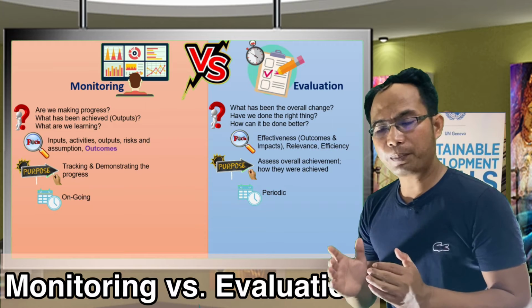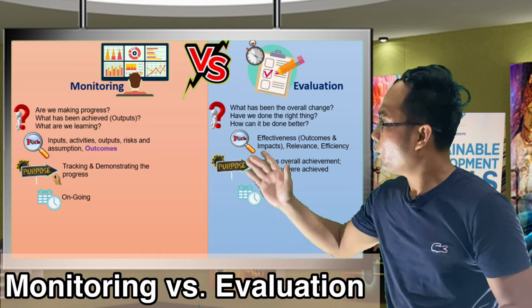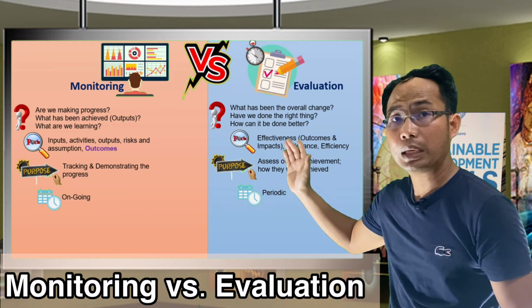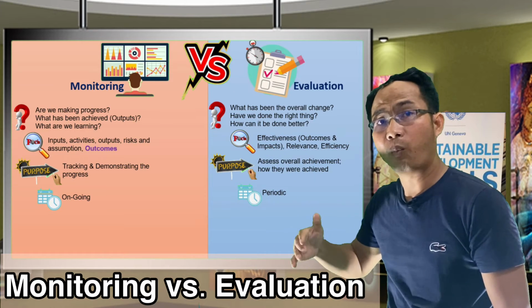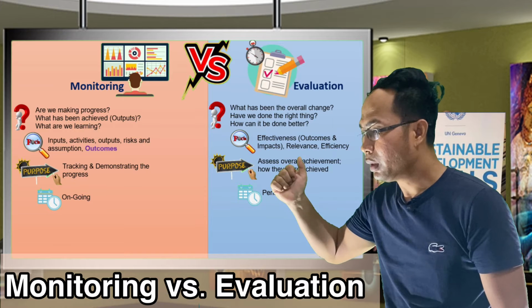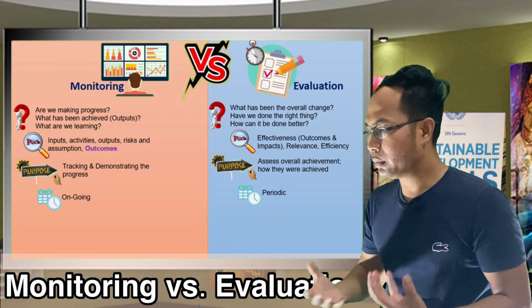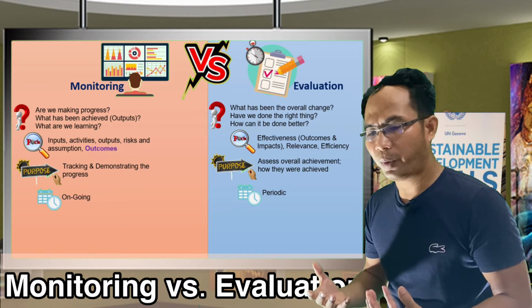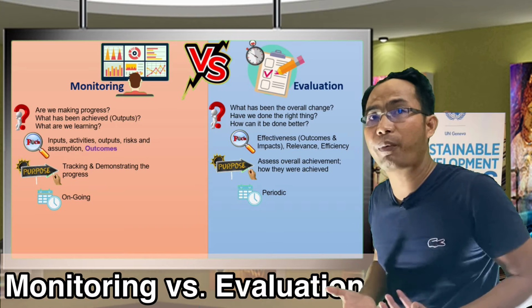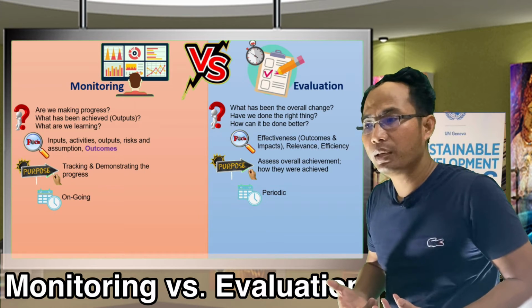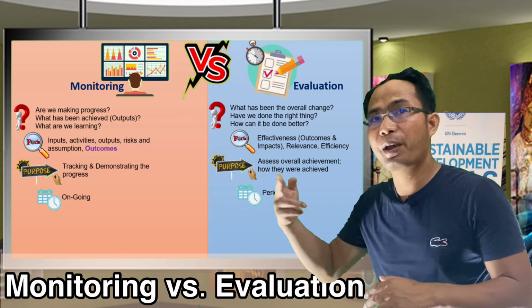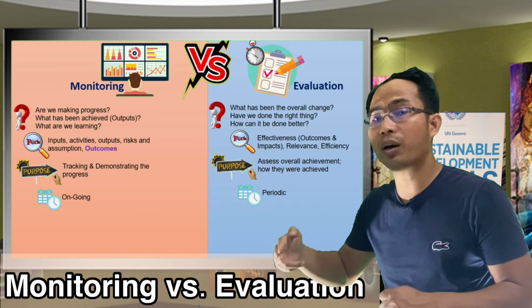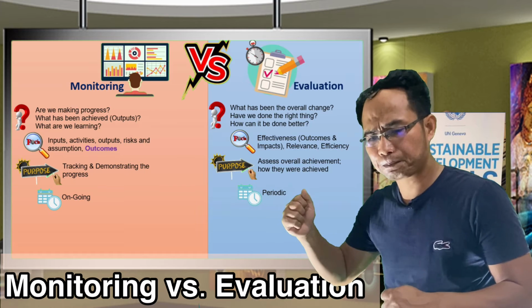However, for project evaluation, we do it periodically, meaning that we only do it once in a while. For example, when we talk about project evaluation, many of you think about the final evaluation, which we do only at the end of the project, right?